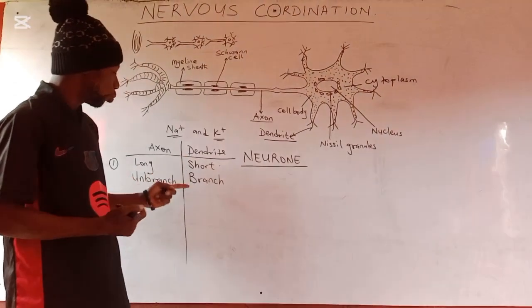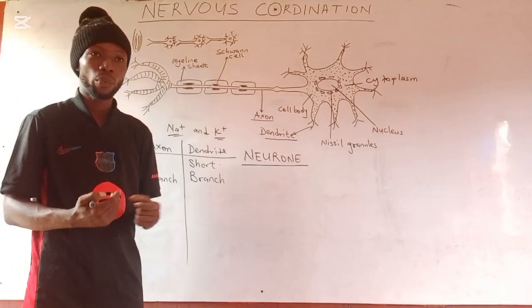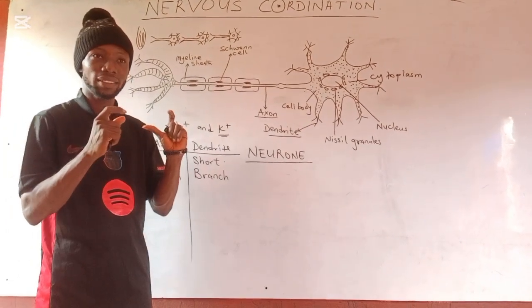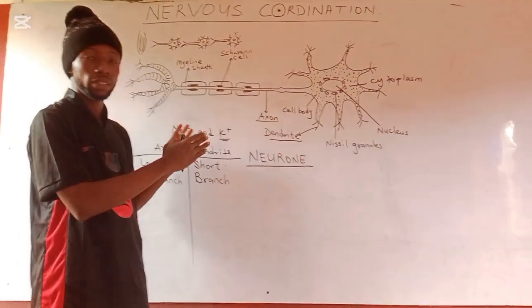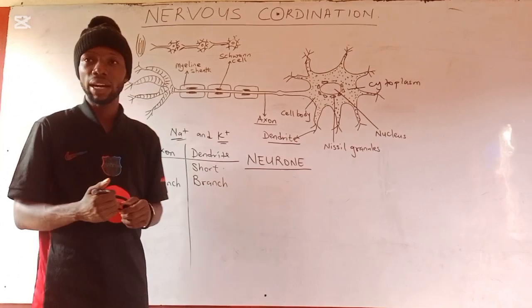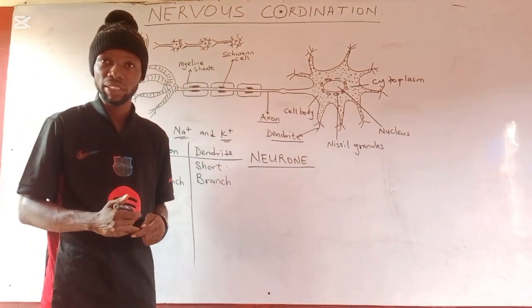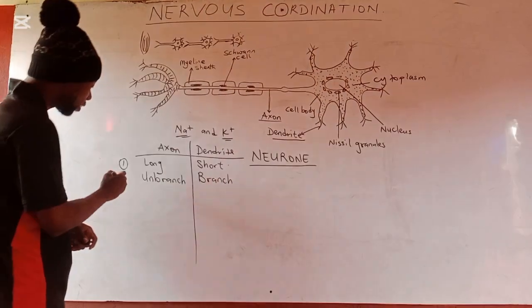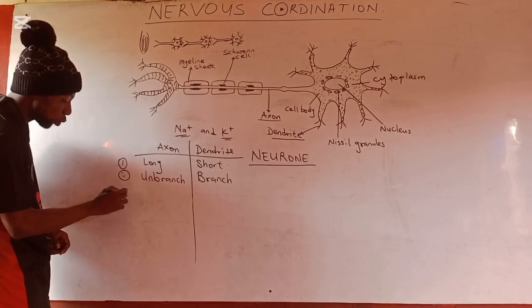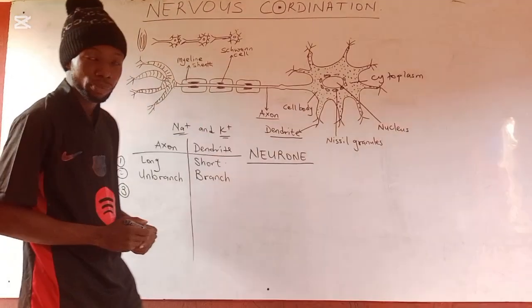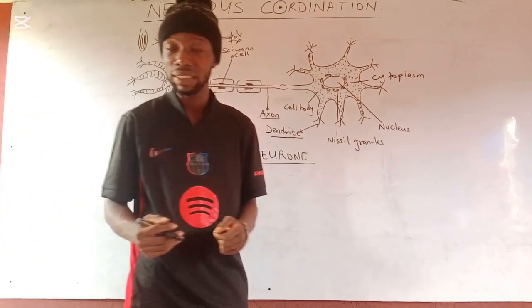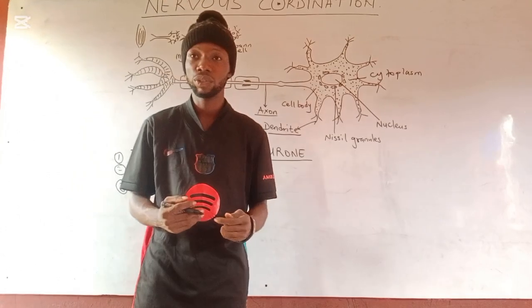These two differences are what we can see with our eyes while looking at the diagrams. They are known as structural differences. Now, the last difference is what we cannot see. This is different based on their functionality, based on their functions.